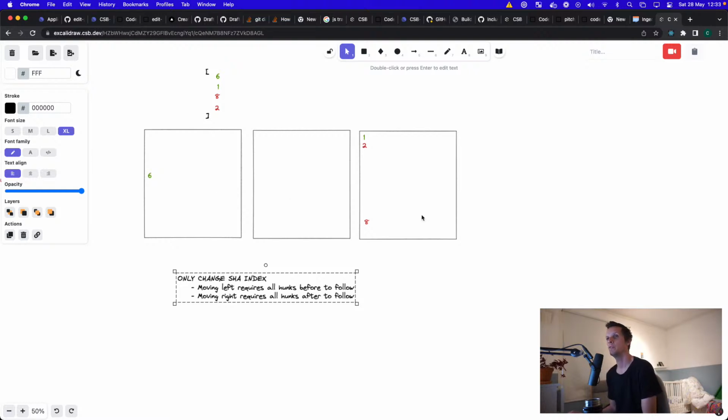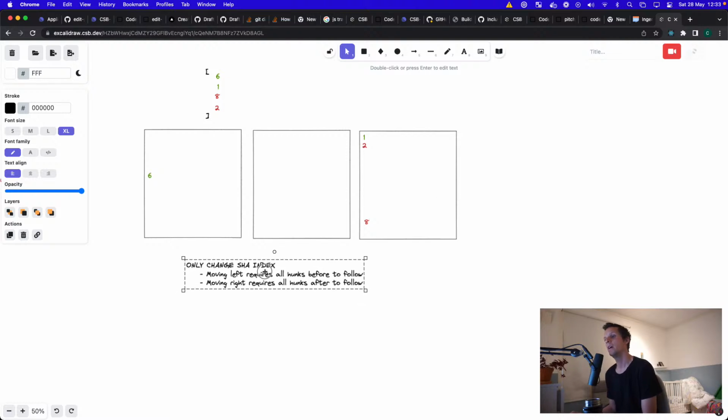Moving left and moving right, we have to bring all hunks after. To me, that seems like too big of a constraint.